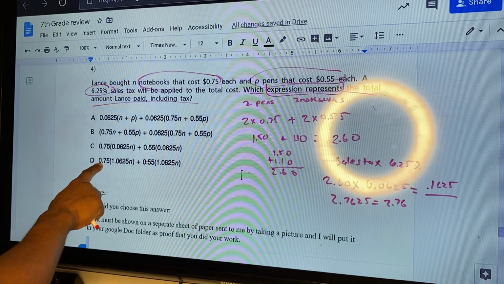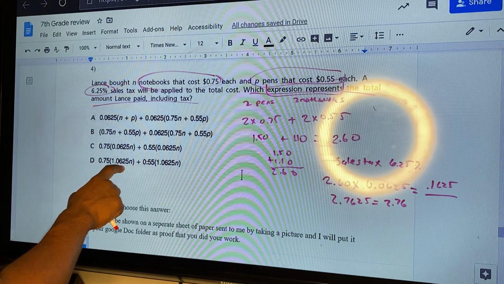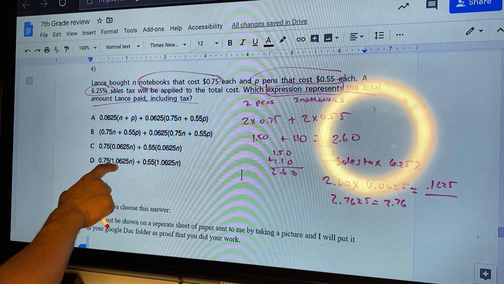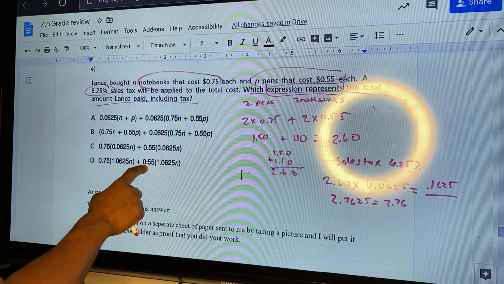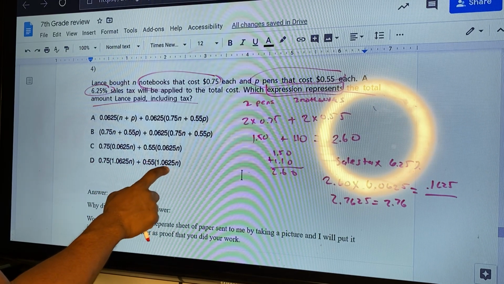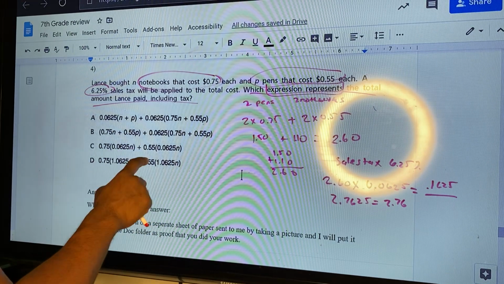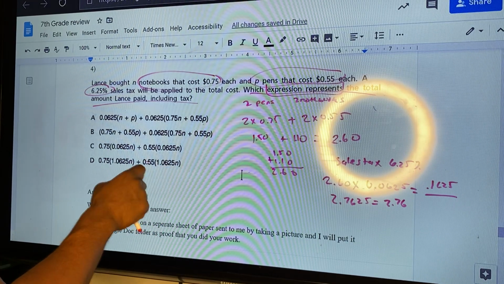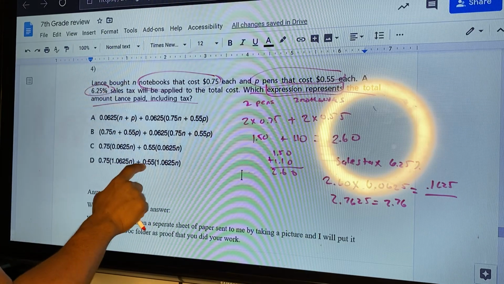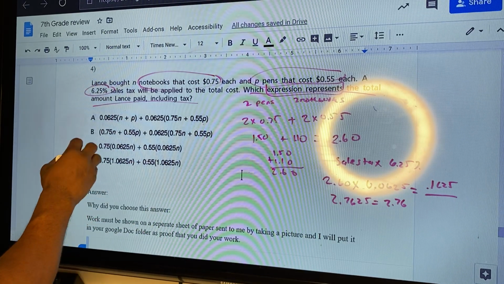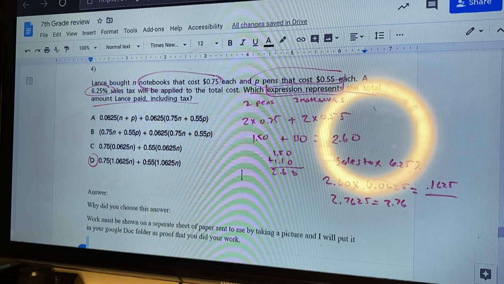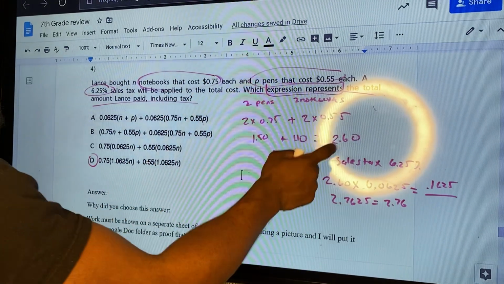So they took the price, they added the sales tax. This was for the notebook. Then they went for the pen, and they multiplied it by the sales tax. 1.0625 is the same thing as multiplying this by 0.0625 and then adding it to the original cost, which is 0.55. So our answer would be D. This scenario would match this situation.